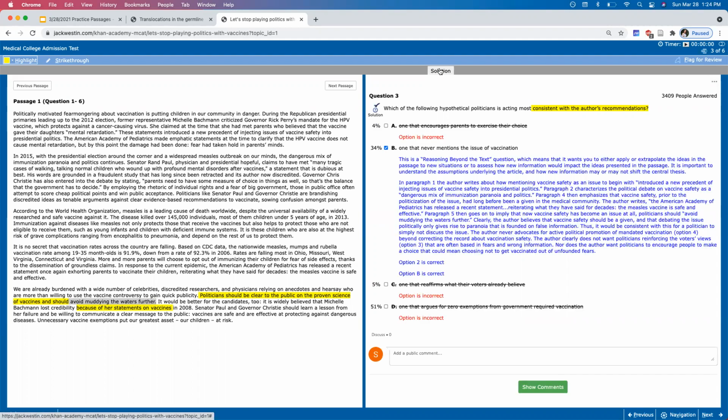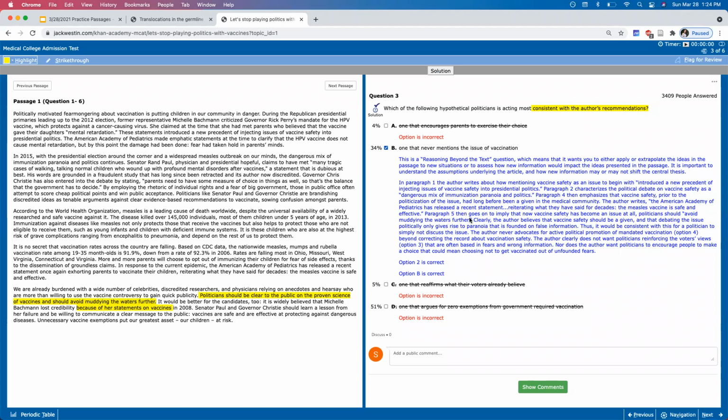We can also read the solution. Paragraph 2 characterizes the political debate as the dangerous mix of immunization, paranoia, and politics, and emphasizes vaccine safety.